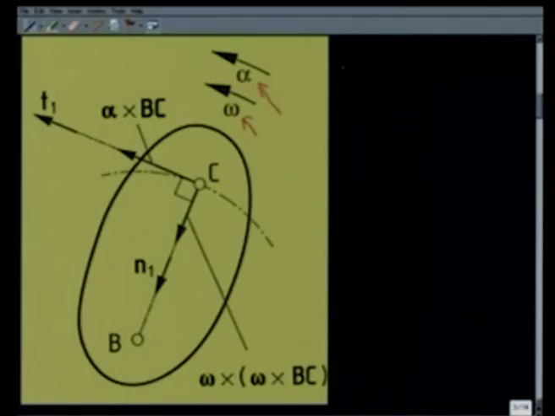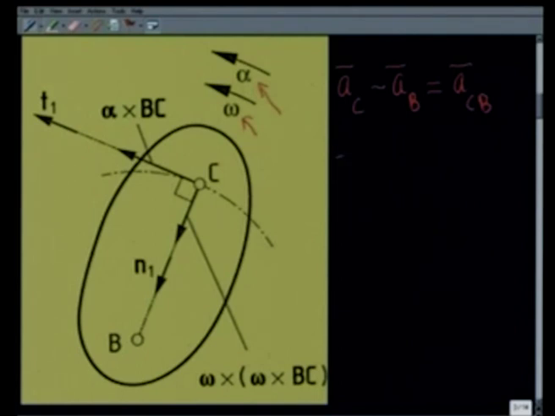So now we can write the difference of acceleration between these 2 points, namely AC minus AB, that as usual before I use the symbol ACB. This is the difference between the acceleration of the 2 points, namely C and B, on the same rigid body.